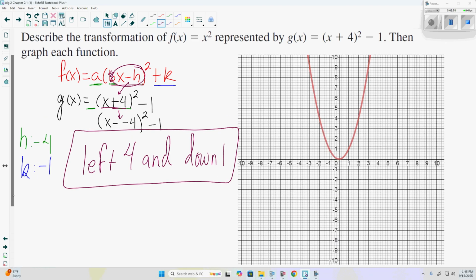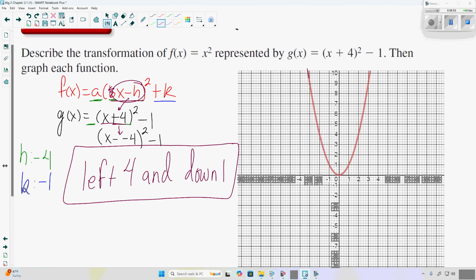Now, if we looked at the graph of this here, because this here and what you have in your note sheet is the parent function. So we said that the transformation that we applied to x squared that gave us x plus 4 squared minus 1 is that we took this function and moved it left 4 and down 1, which means every point on this function would move left 4 and down 1.